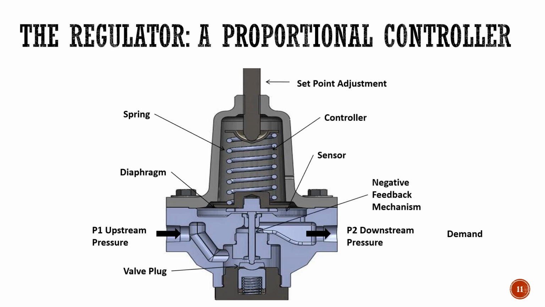And you can see here, in a control loop, we had a pressure sensor downstream of the valve. We had a controller that was going to send the signal back to the feedback mechanism, which in this case is the valve plug. So this does all the things that a control loop does in a very simple, elegant package.